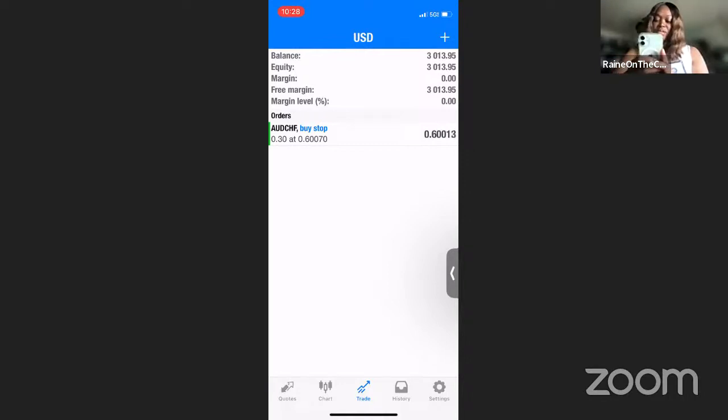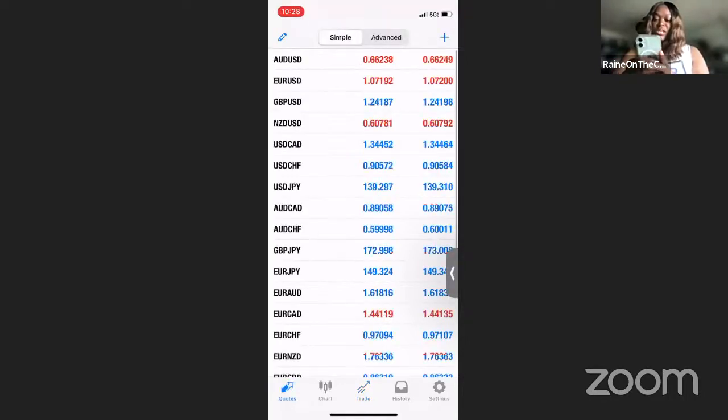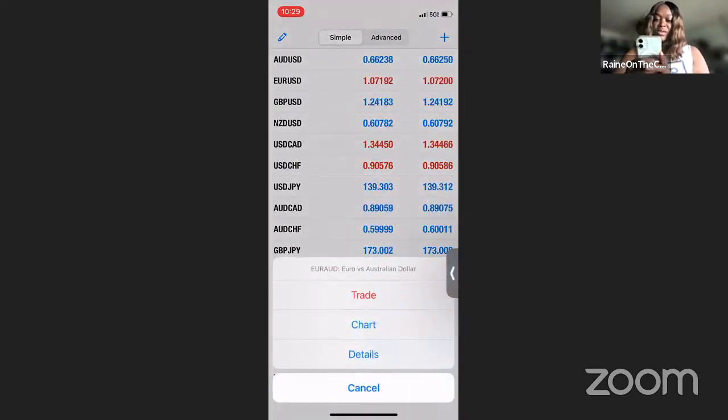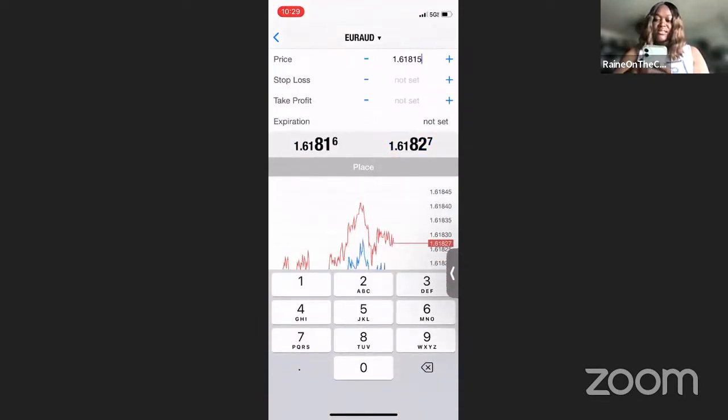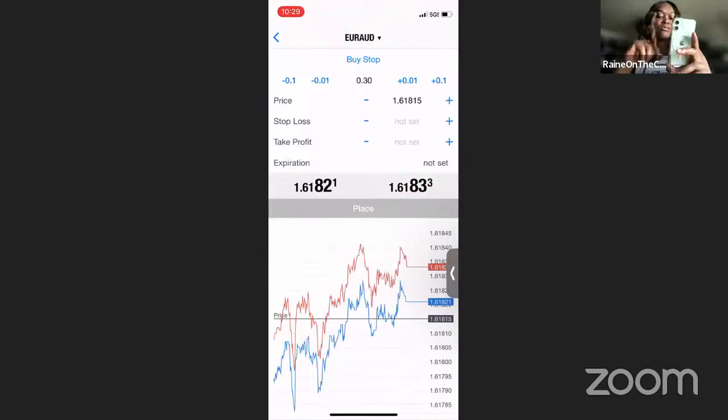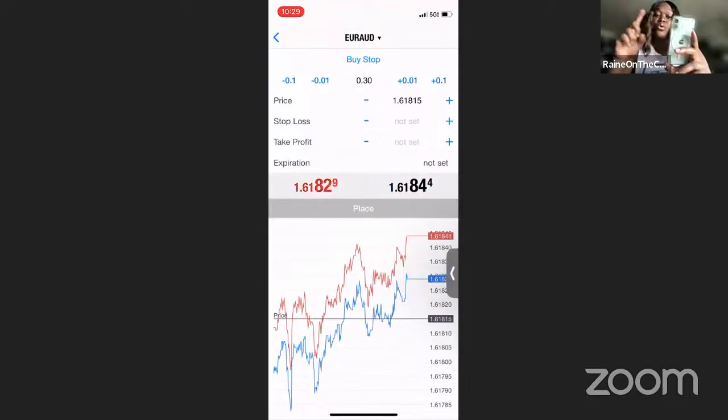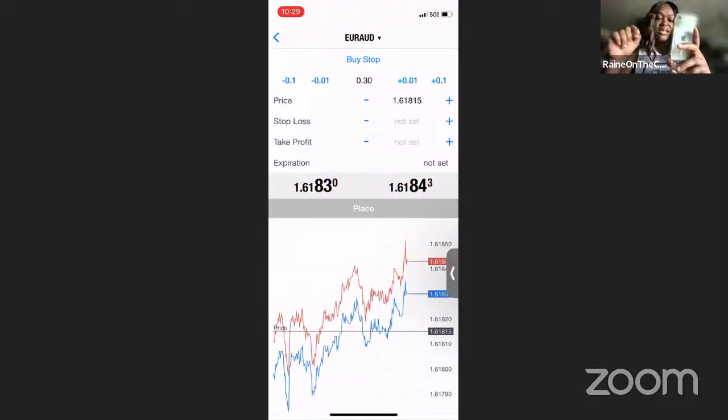Sell stop. Again, you're going to go to quotes. You're going to grab your currency pair. You're going to put in the price. Sell stop means we want price to go down. A sell stop, you're going straight through. You're not looking for any pullback. So price gotta be below where it is currently.